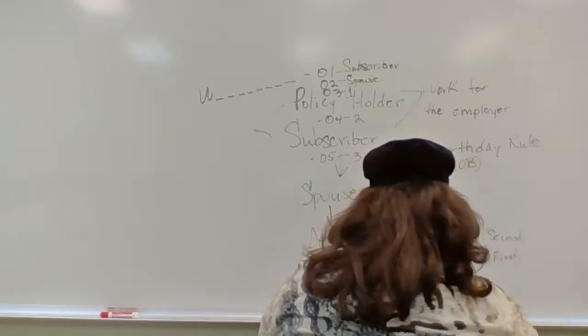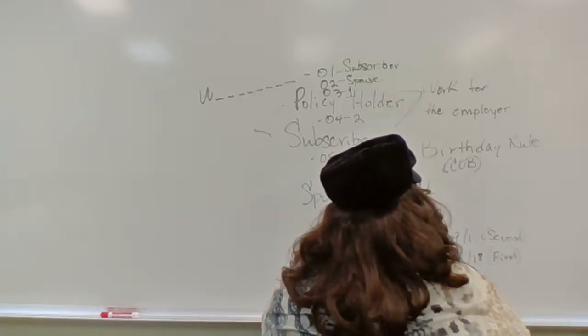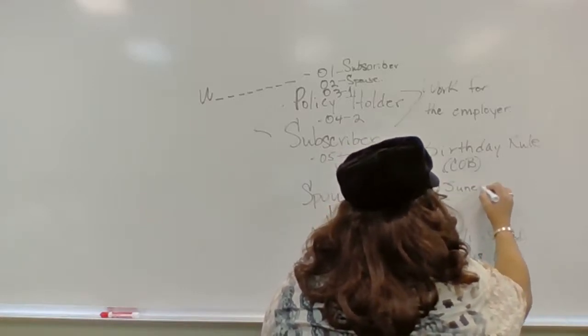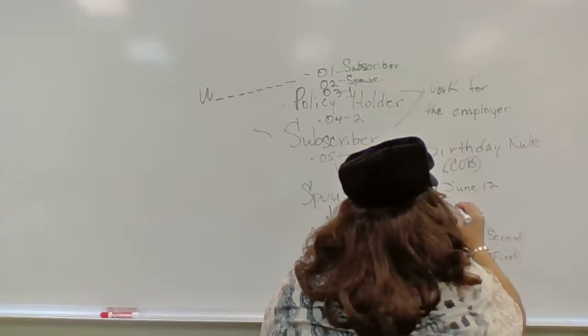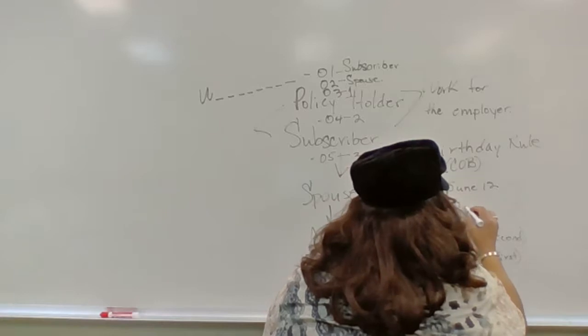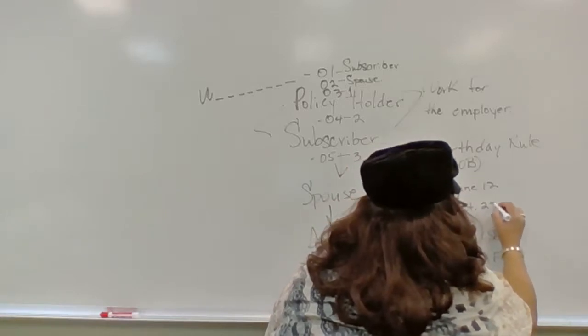Let's see here. Dad's birthday is June 12th. Mom's birthday is October 22nd.